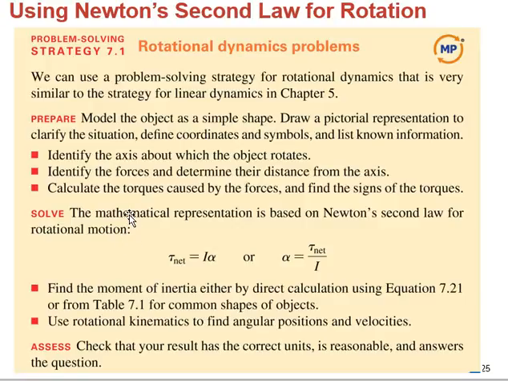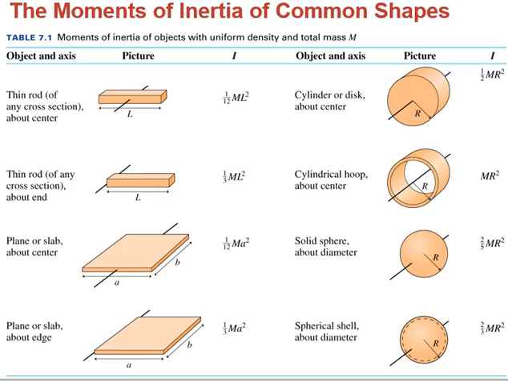When we're using Newton's second law for rotation, there are some strategies we can use. We're always going to model the object as a simple shape. In fact, all of the homework problems and the problems we're going to see in a minute are based on these shapes right here, the disc, the hoop, or a thin rod.